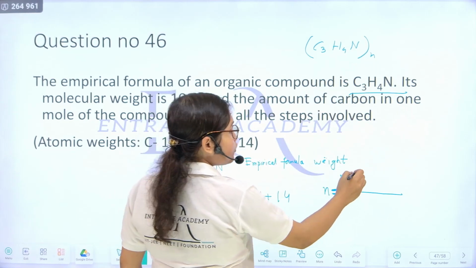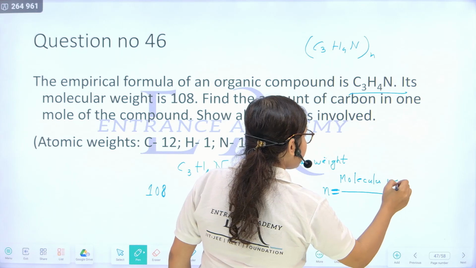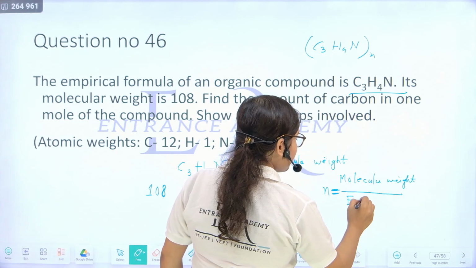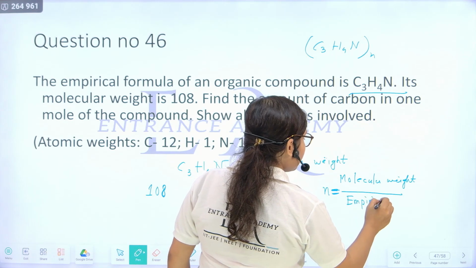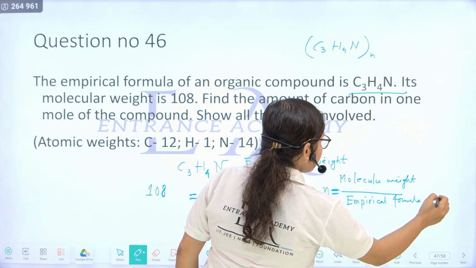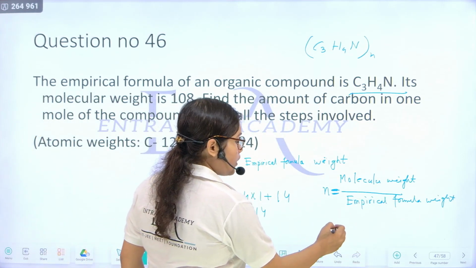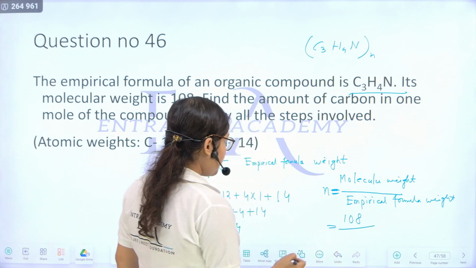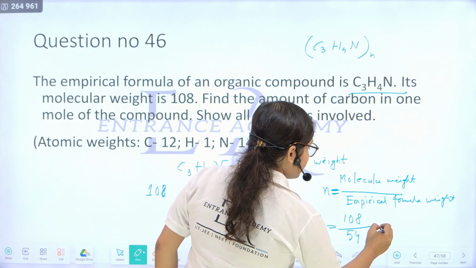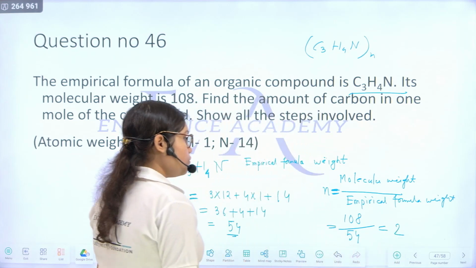Small n is equal to molecular weight divided by empirical formula weight. Molecular weight is given in this question, this is 108, and empirical formula weight is 54. So n is equal to 2.